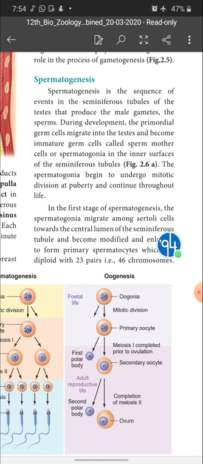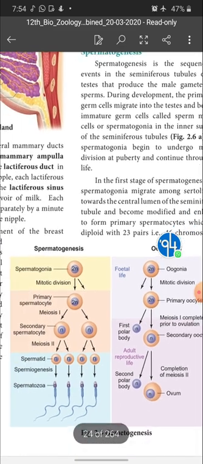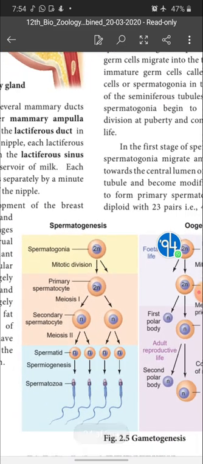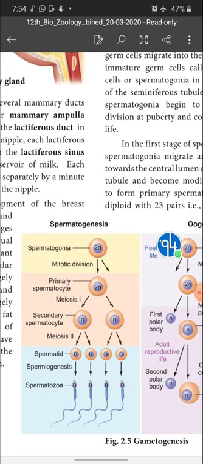Spermatogonia undergo mitotic cell division and produce primary spermatocyte, children. Okay, see here, you can observe in this figure. Spermatogonia undergo mitotic cell division and produce primary spermatocyte. This primary spermatocyte undergoes meiosis 1 and produces 2 secondary spermatocytes.